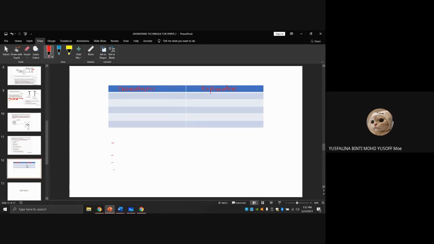Higher. So you just put here higher strength of cord, or you can say high strength of cord. So what is the explanation? Why do you need to have the higher strength of cord?